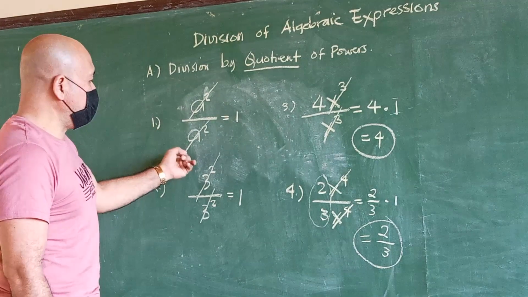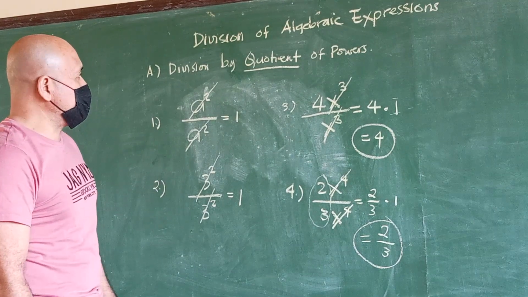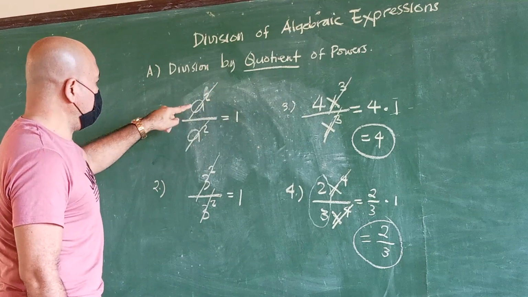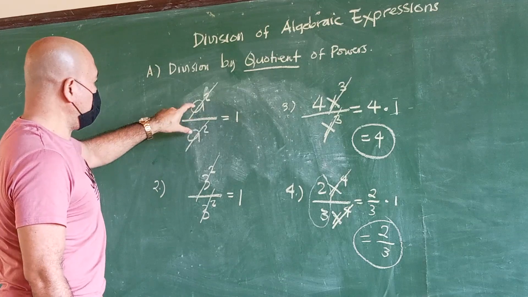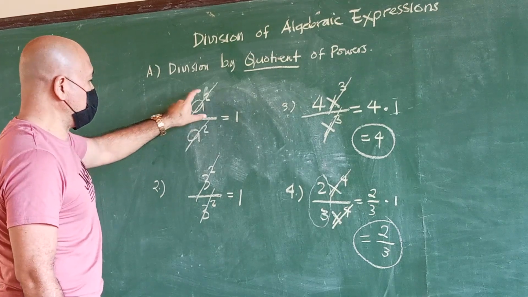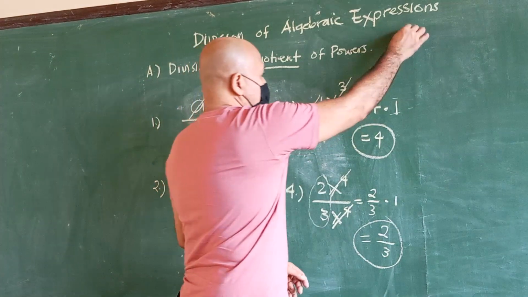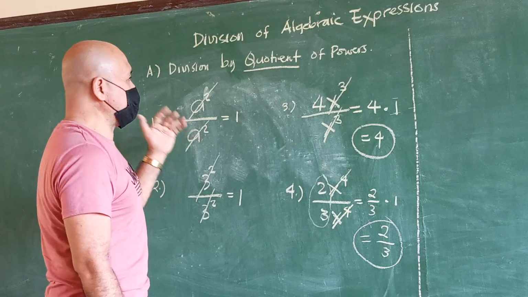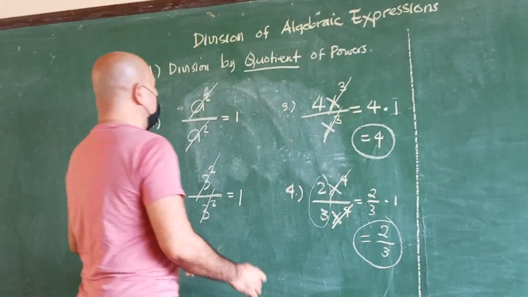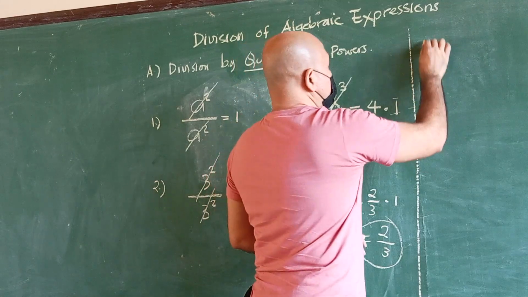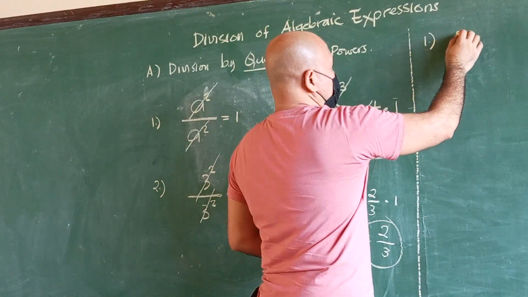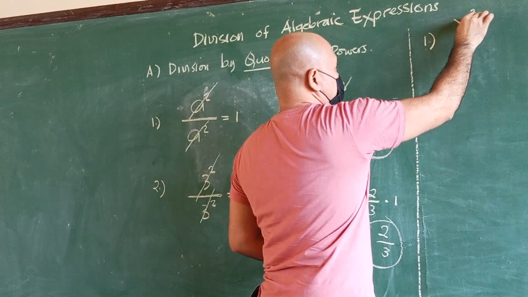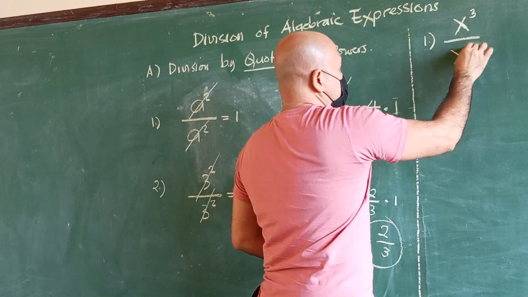That's how you simply divide algebraic expressions using the quotient of powers, where the numerator and denominator have the same bases as well as the same exponents. Okay, so after the quotient of powers where bases and exponents are the same, there is another case: when you divide bases that are the same but the exponents are not the same.